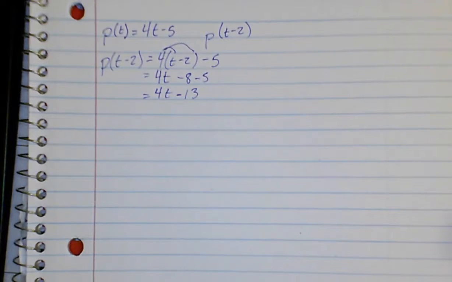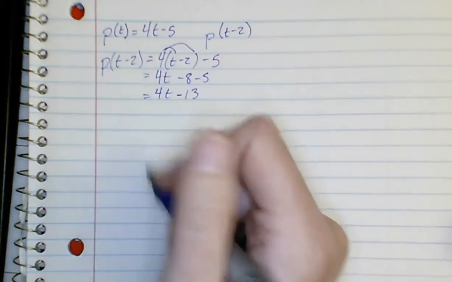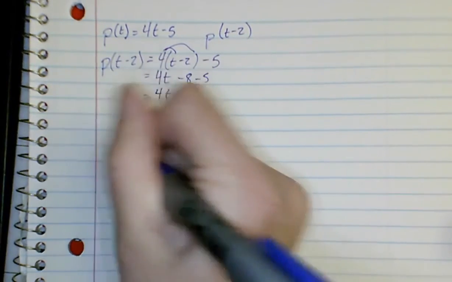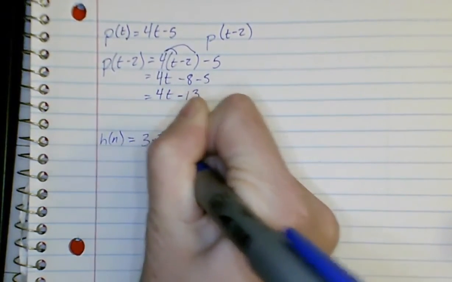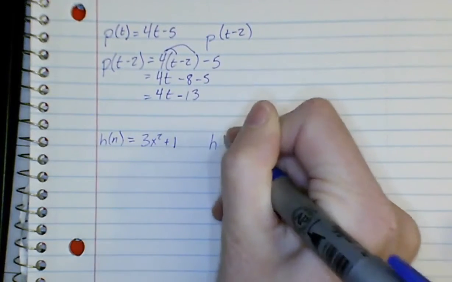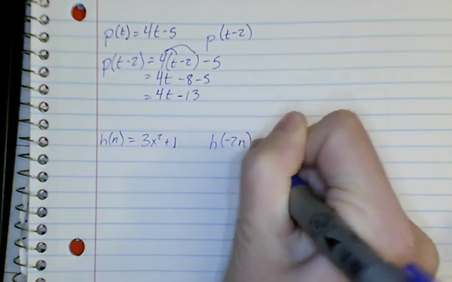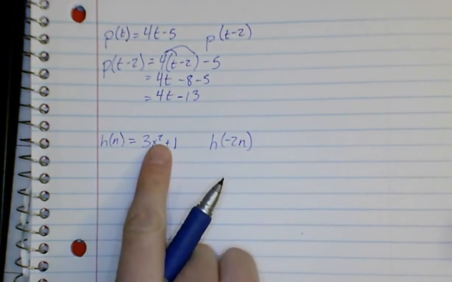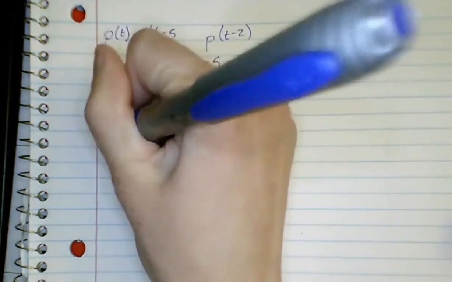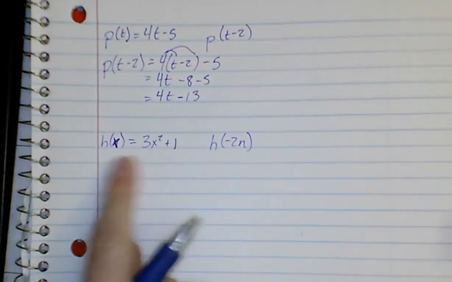Let's look at h of n equals 3x squared plus 1. We're going to find h of negative 2n. Oh, I don't mean, let's change this to x. My variables didn't match up.